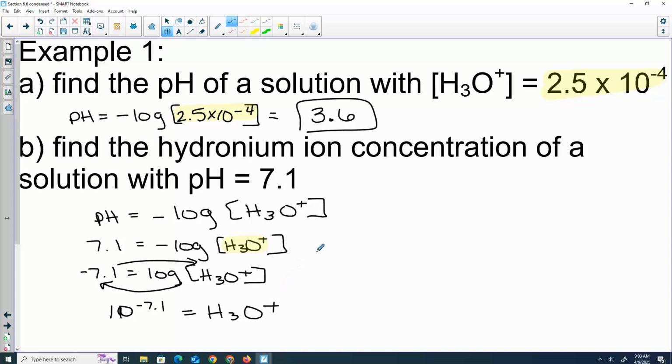Technically that is correct, but if you are doing it on Math Excel, it's going to ask for it in scientific notation because that is the standard here. So we're just going to type 10 to the negative 7.1 on our calculator.